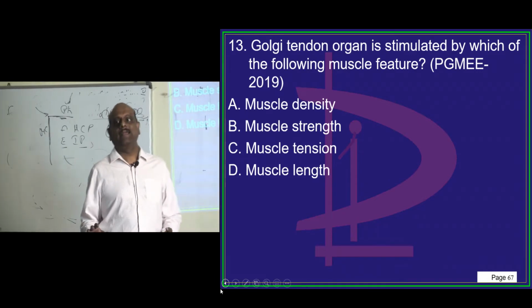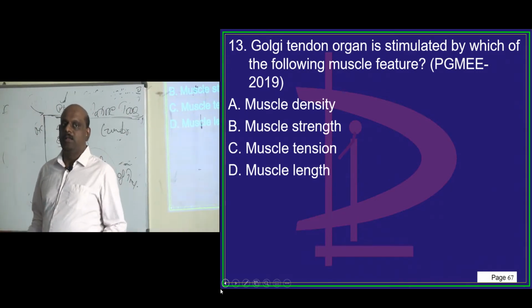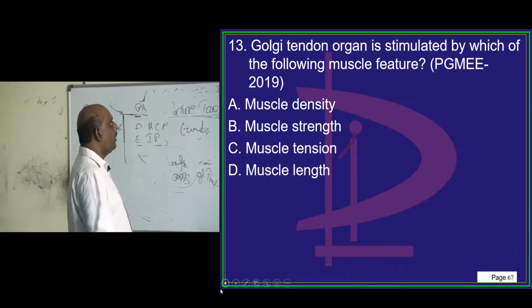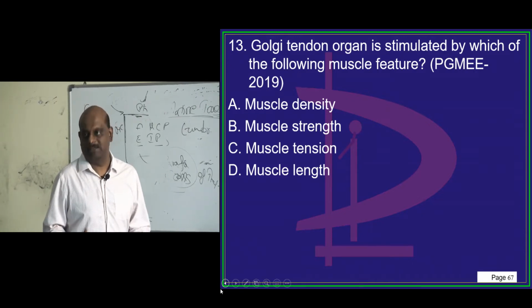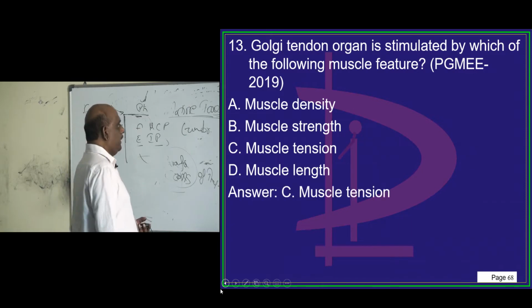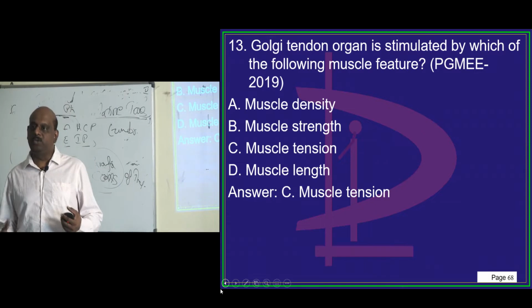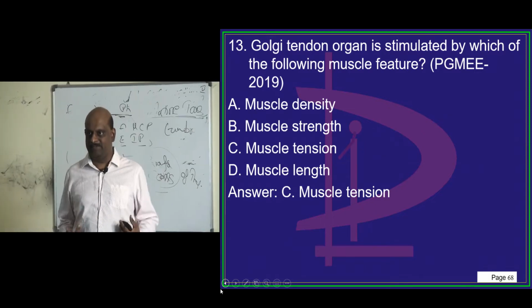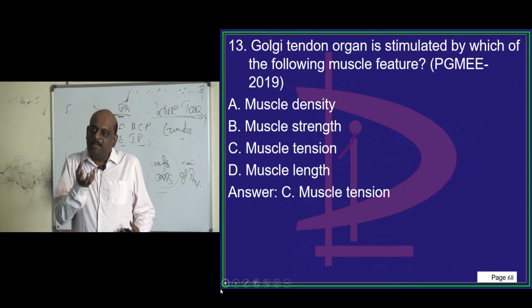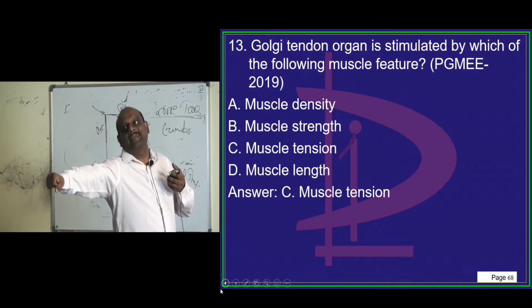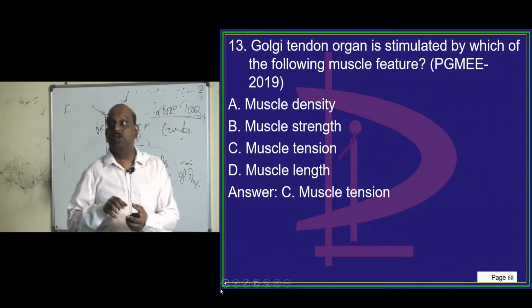Golgi tendon organ is basically stimulated by which of the following features of the muscle? It is the tension of the muscle. There are two things that can stimulate our system: how much the muscle is tensed, and how much it is being stretched. So there should be a way to sense the stretch.